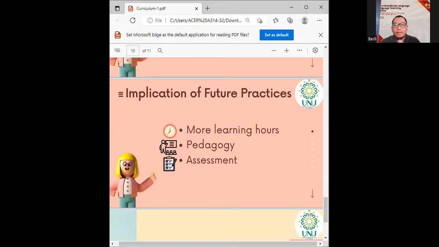And they assess four skills. So the students should have four different types of questions in order to pass the English subject in their schools.